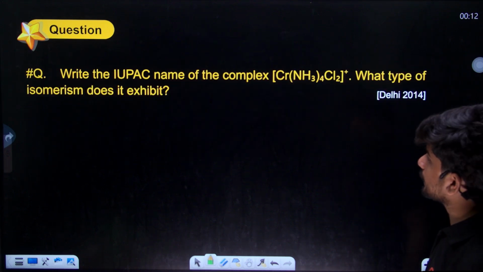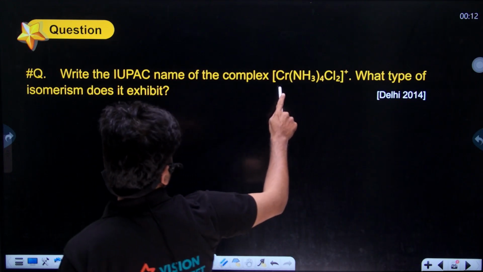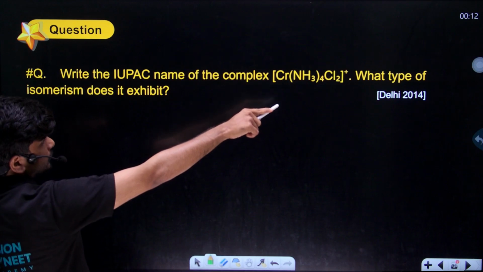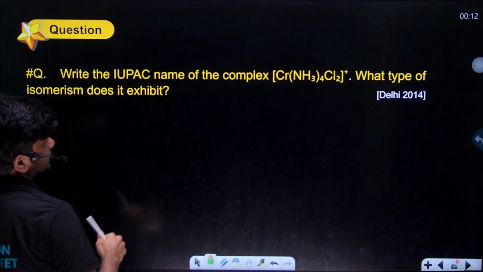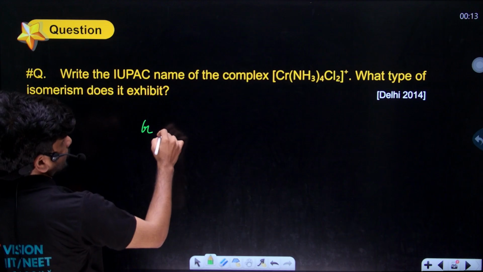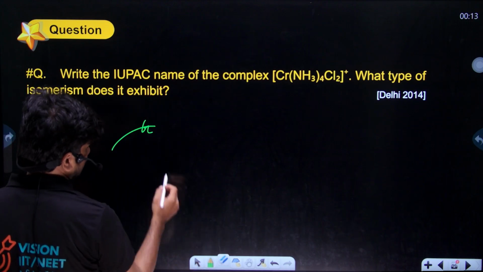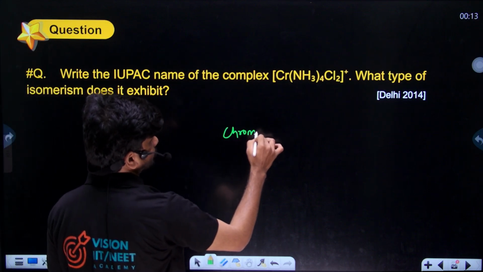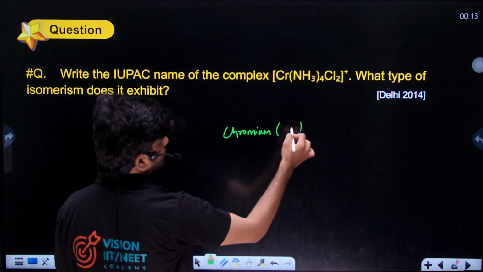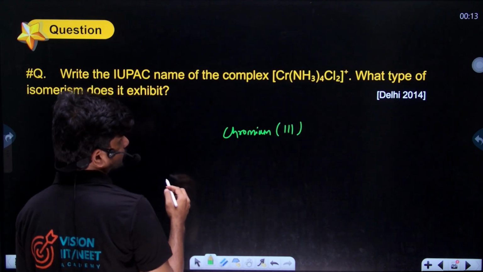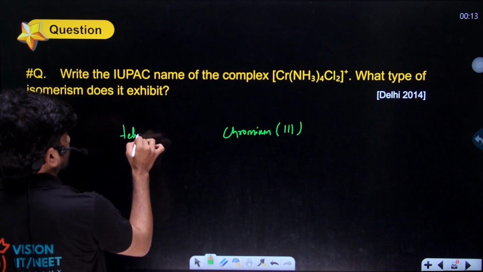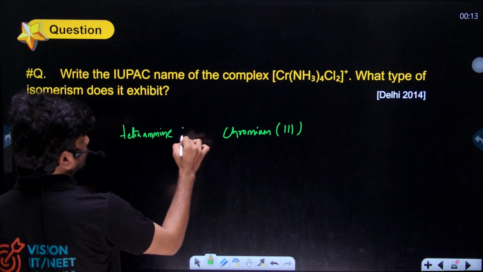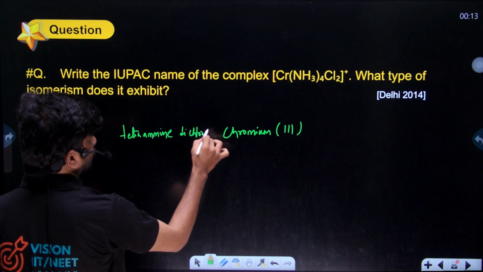Write the IUPAC name of the complex [Cr(NH3)4Cl2]+. Then you have positive charge. What is the type of isomerism does it exhibit? So you have chromium. So you write chromium at the last. This is cationic part. You write chromium. What is the charge you have? Oxidation state is 3. Next you have tetraammine, dichloro.